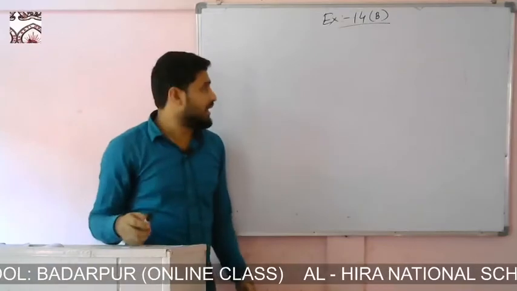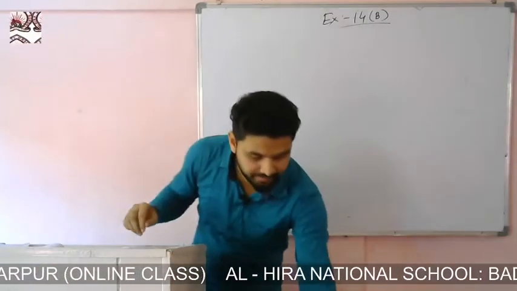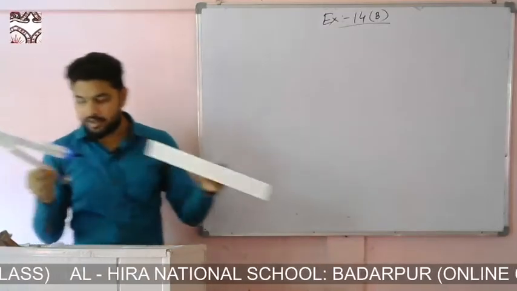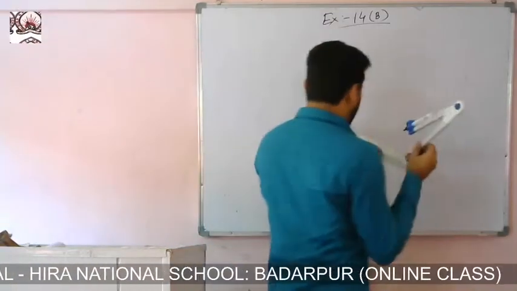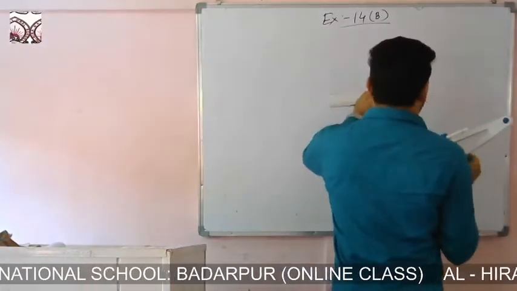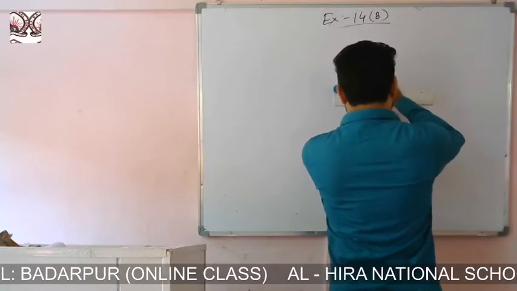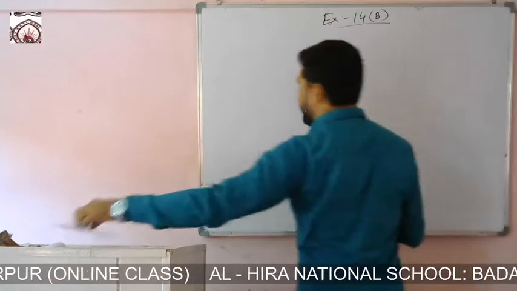Now you take a radius from the scale, 3.5. Suppose for me this is 3.5.